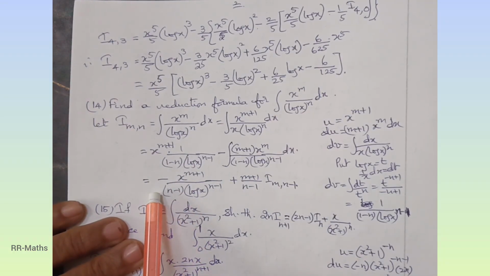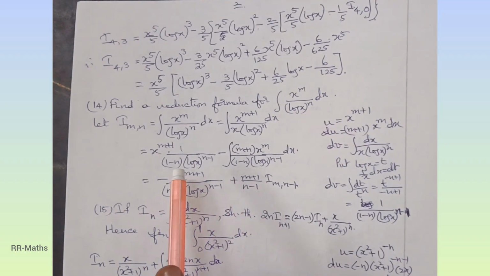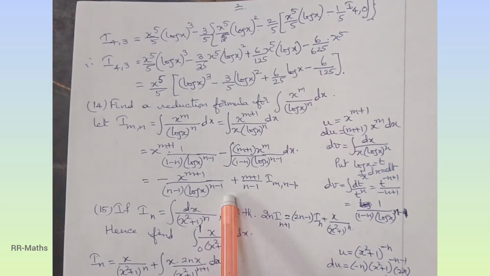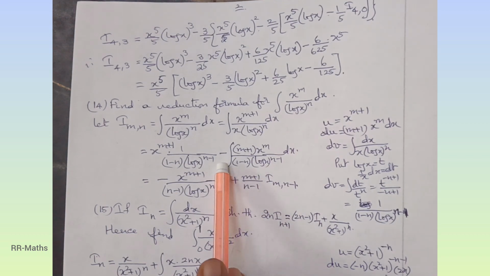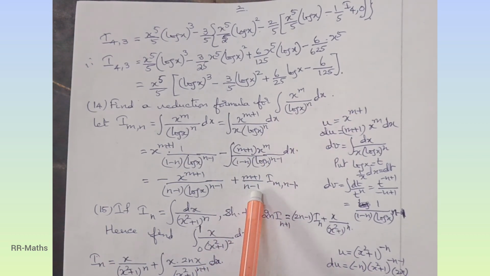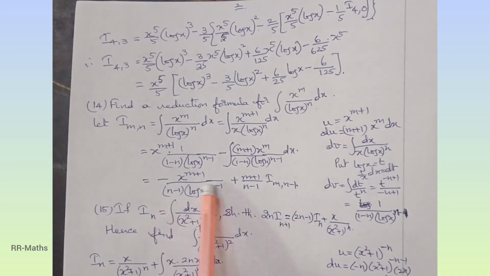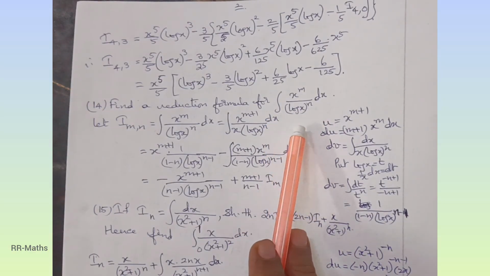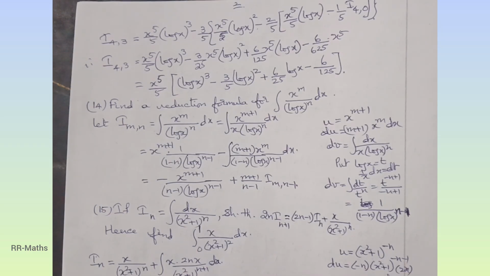So that minus comes here, which is x^(m+1) divided by (n-1) into (log x)^(n-1), plus, the same negative sign I am removing for 1-n, making this a positive sign, gives you (m+1)/(n-1) into I(m,n-1). So this will be your reduction formula for the integral of x^m by (log x)^n dx. Let's see the next problem.